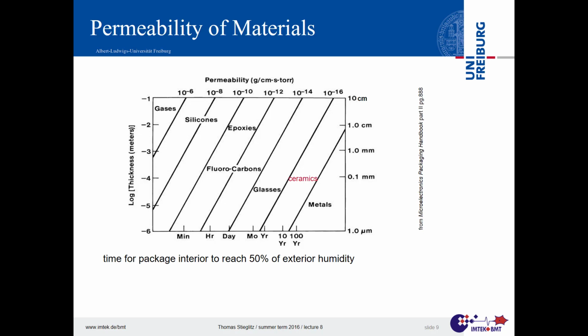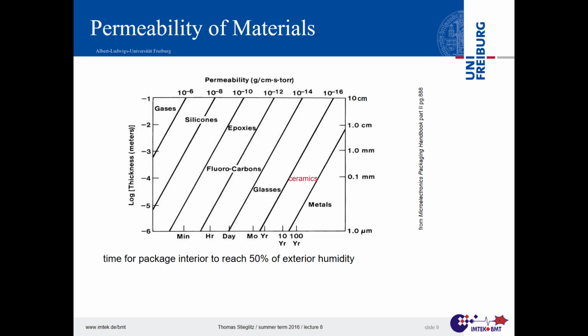You can imagine the question behind the units is how much water vapor comes at a given pressure through a material of a certain thickness over a certain cross-sectional area. That's the question behind that. So how much water comes in? And that depends on the cross-sectional area. The larger the area is, the more can go through.